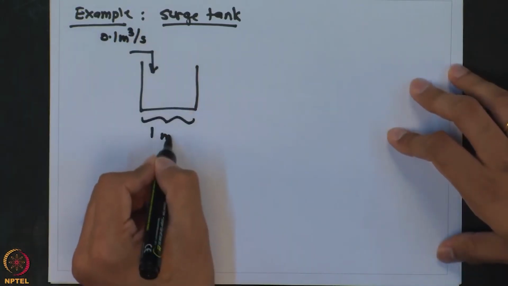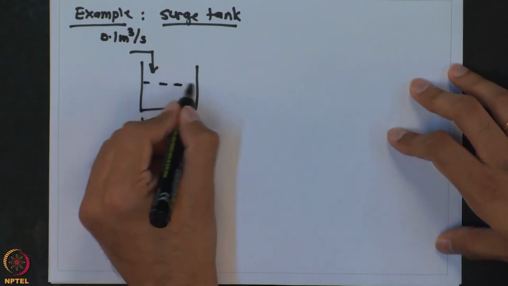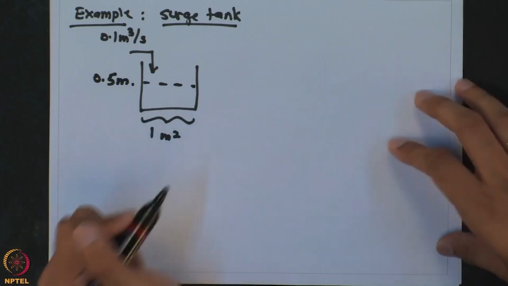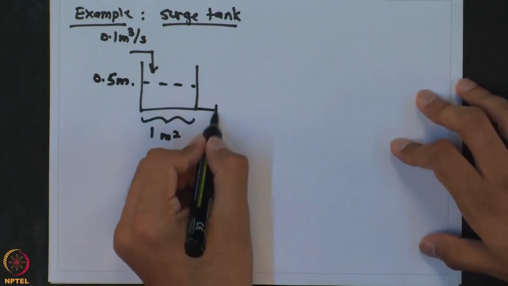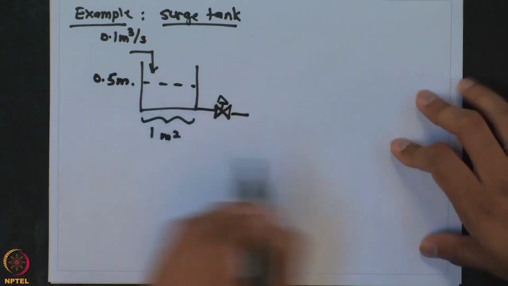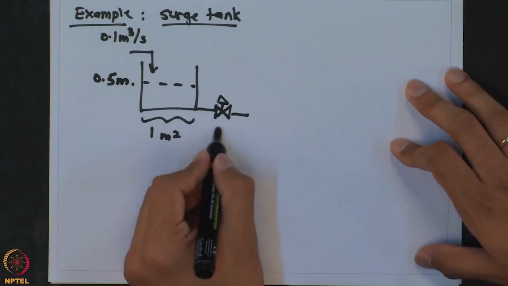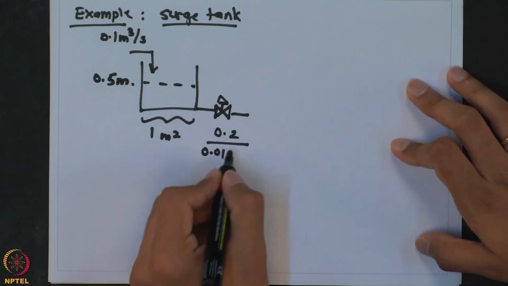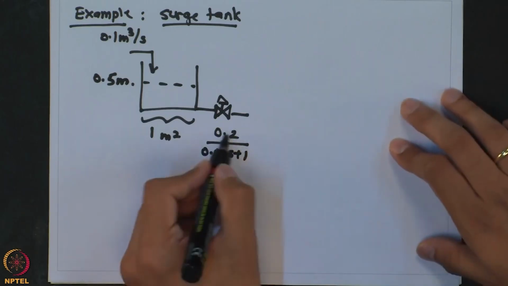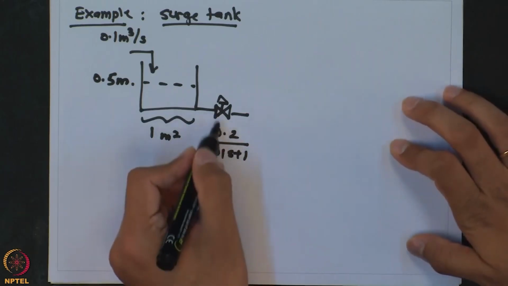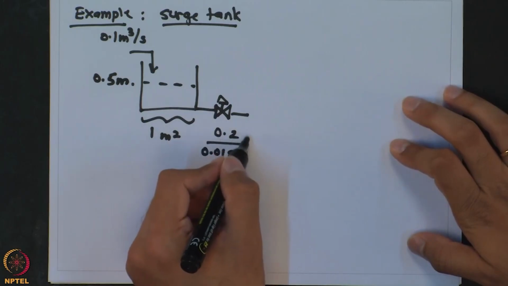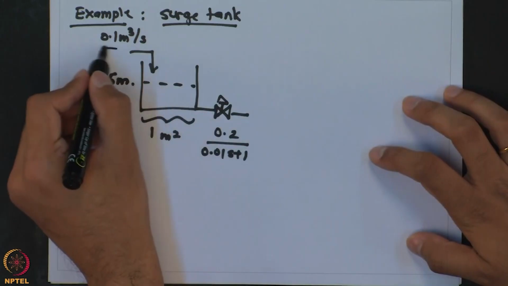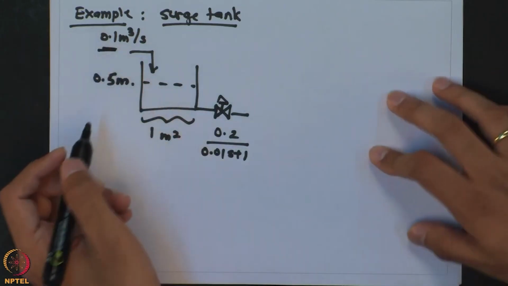The area is 1 meter square and the level is currently 0.5 meter. Outlet, there is a valve whose transfer function is, let us say, given by this. So, the maximum flow this particular control valve can take is 0.2 meter cube per second. So, at any time it can take almost twice the inlet amount of flow.